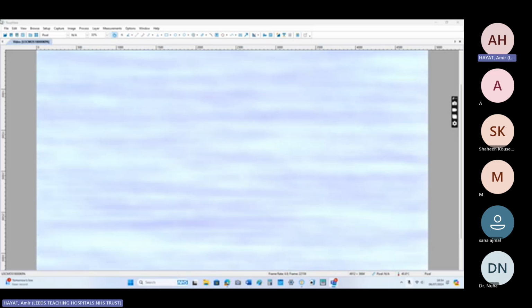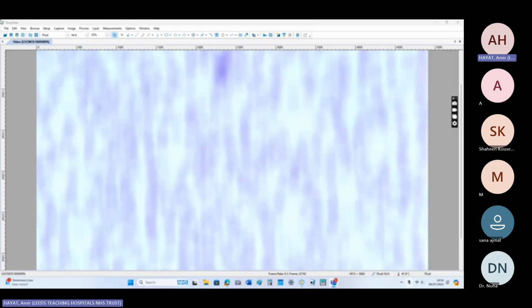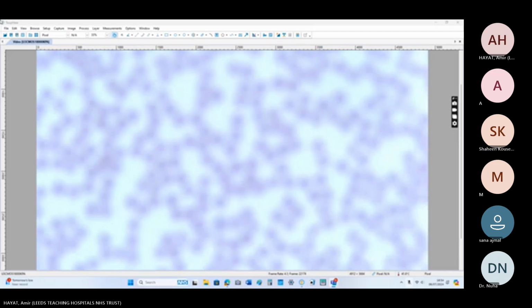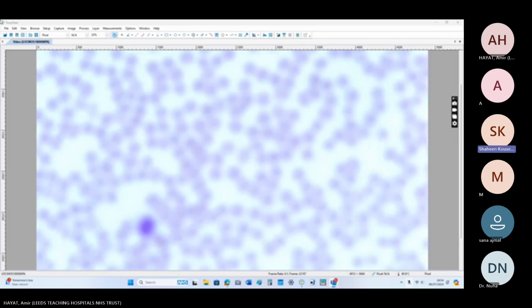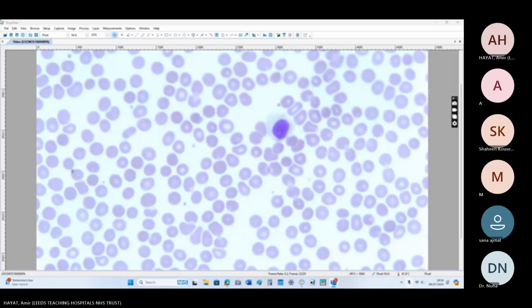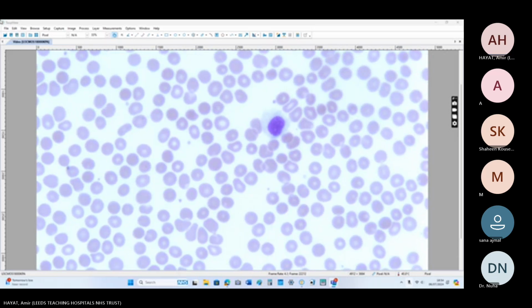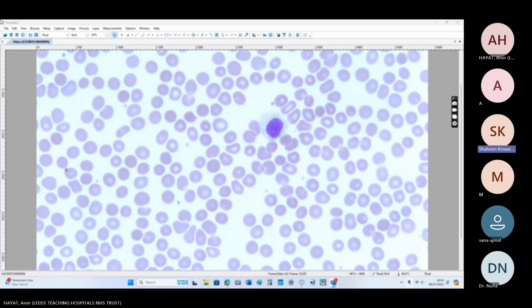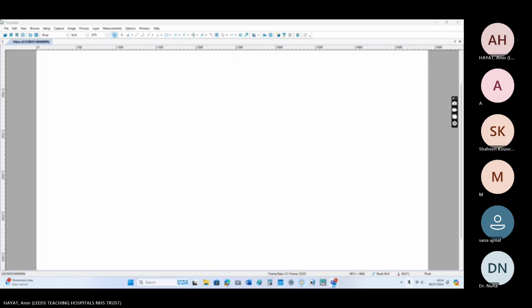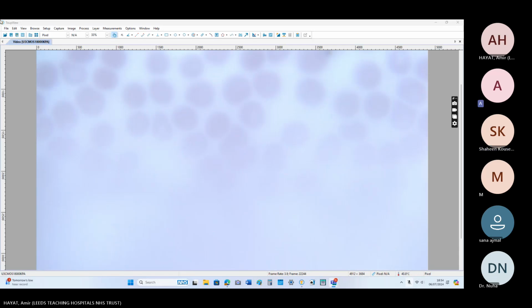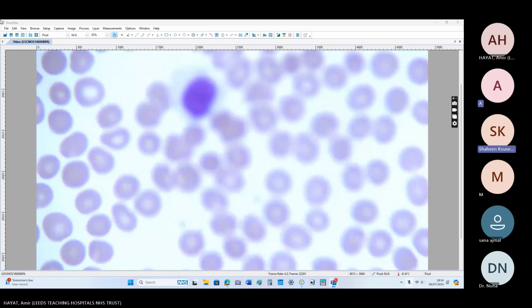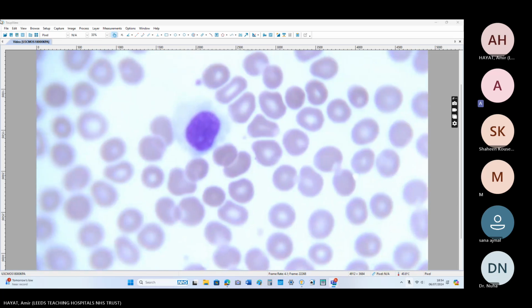They are lymphocytes, or something else. Can you go on higher power? Some cells were also giving the impression of an eccentric nucleus.